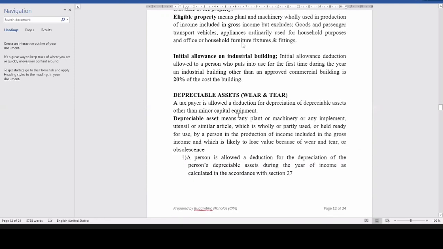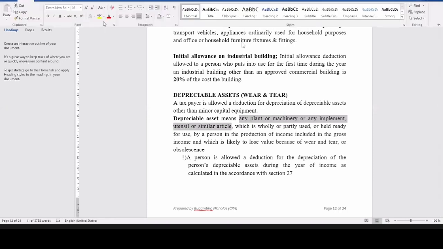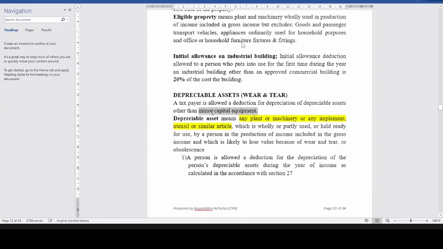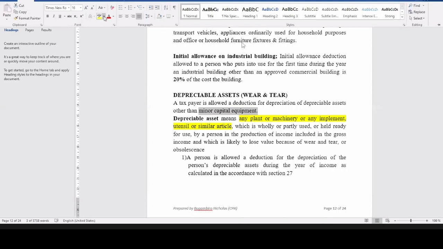Keywords here, guys. It must be any plant and machinery. It can be utensil or an article related to utensil. Those are keywords to note. But remember, up there we said you don't consider this. They should not include minor capital equipment. Those are key areas.